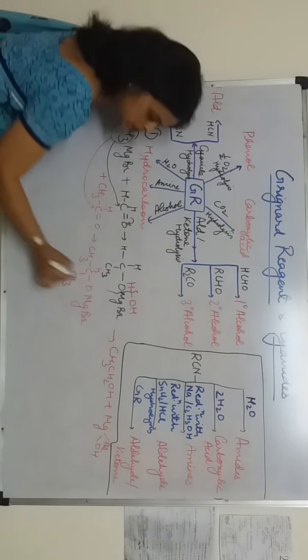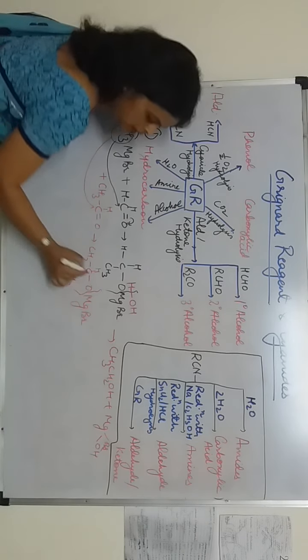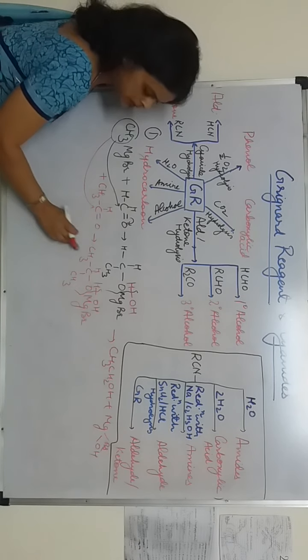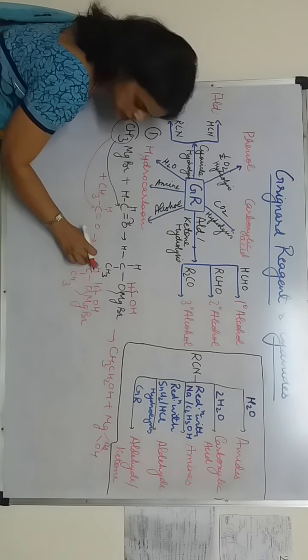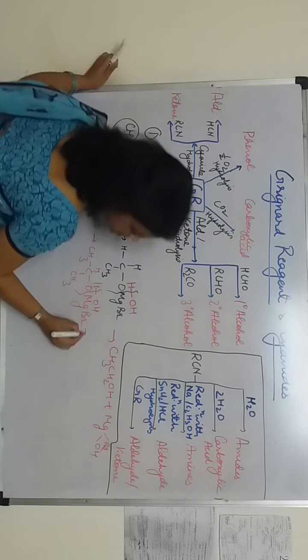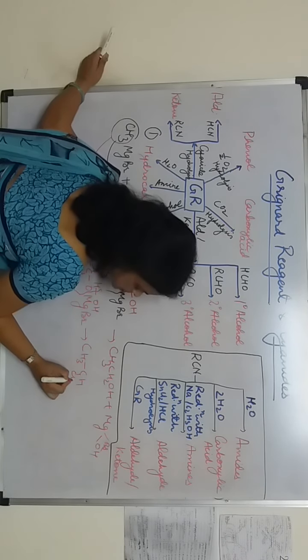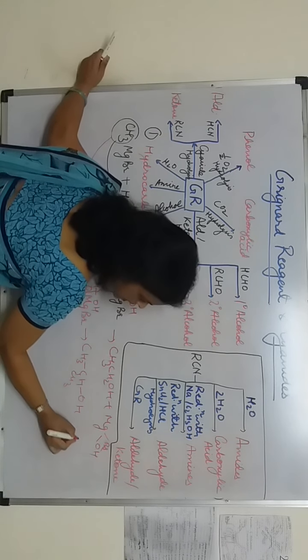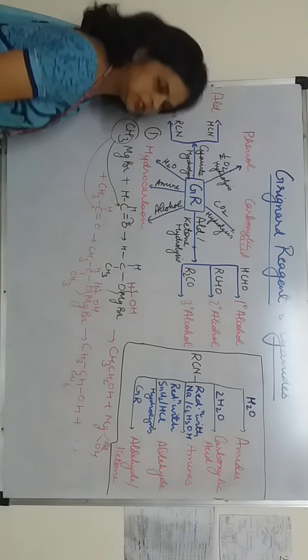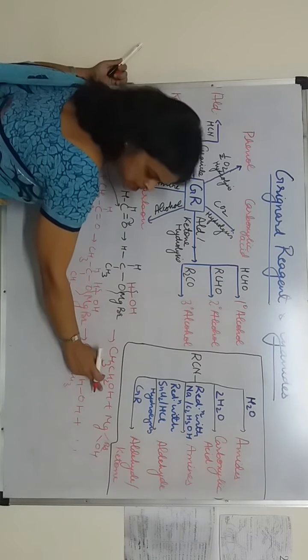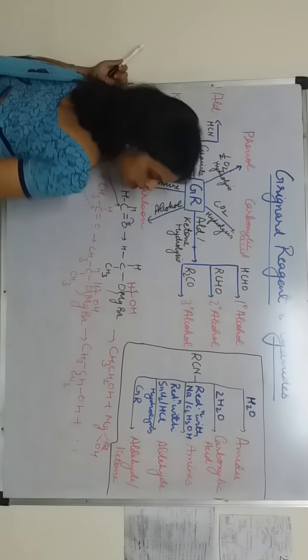Again the hydrolysis will take place, H, OH. So what structure of the alcohol are you getting? CH3, CH, CH3, OH. Let's draw it: CH3, CH, CH3, OH. And the same side product MgBr OH we will be getting from this one. Okay, so you can see this is 1 degree alcohol, this is 2 degree alcohol.